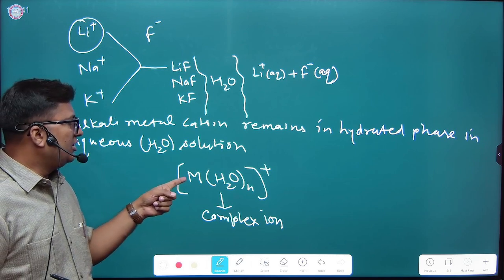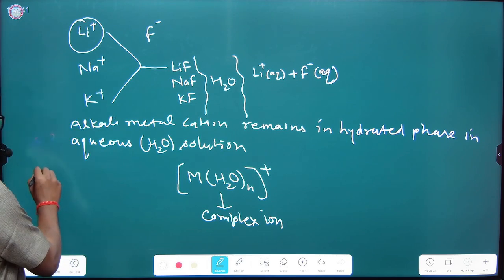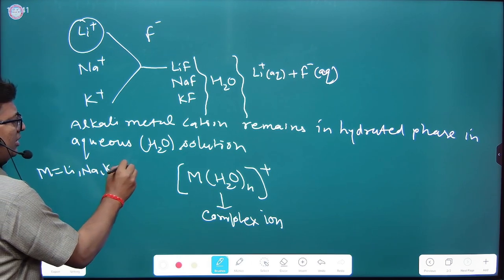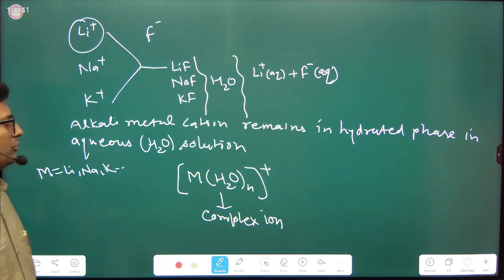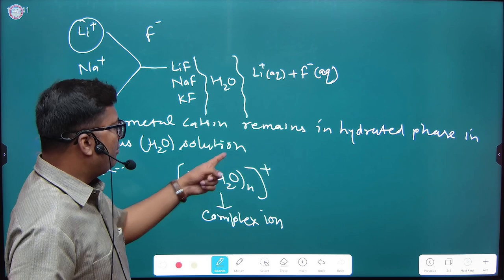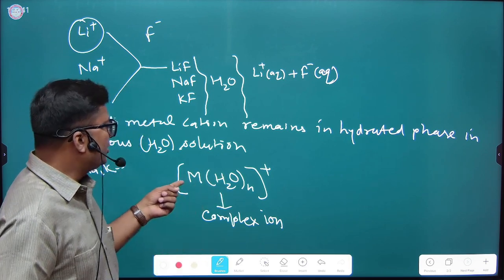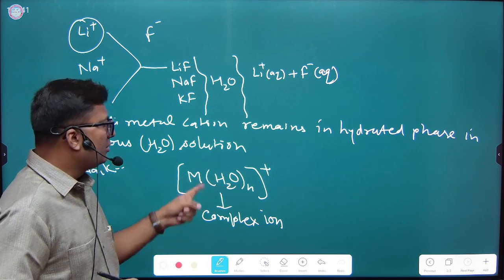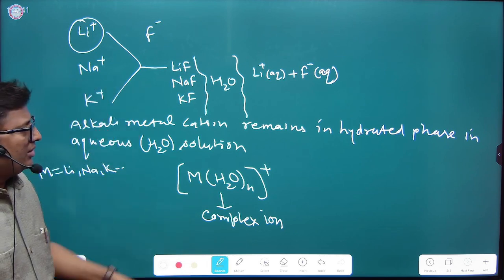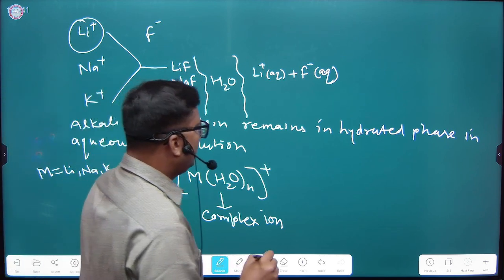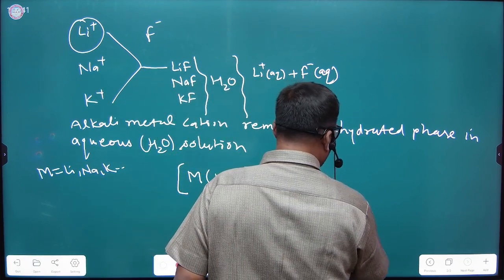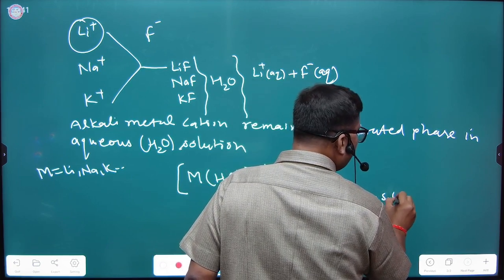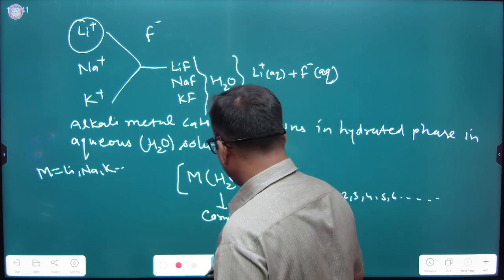Here M stands for lithium, sodium, potassium, etc. The square brackets consist of a central metal ion surrounded by H2O with a definite number, n. n stands for 1, 2, 3, 4, 5, 6, etc. It is a definite quantity.